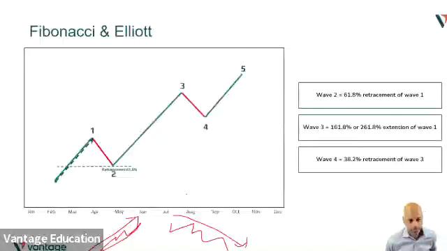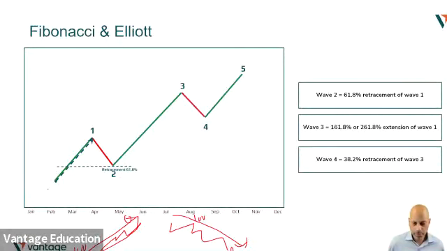Every time we use the Fibonacci retracement tool, do take note the starting point is always 100% and the ending point is 0%. Similarly, when you do it from the top left to bottom right, on a downtrend, the starting point is 100%, the ending point is 0%.